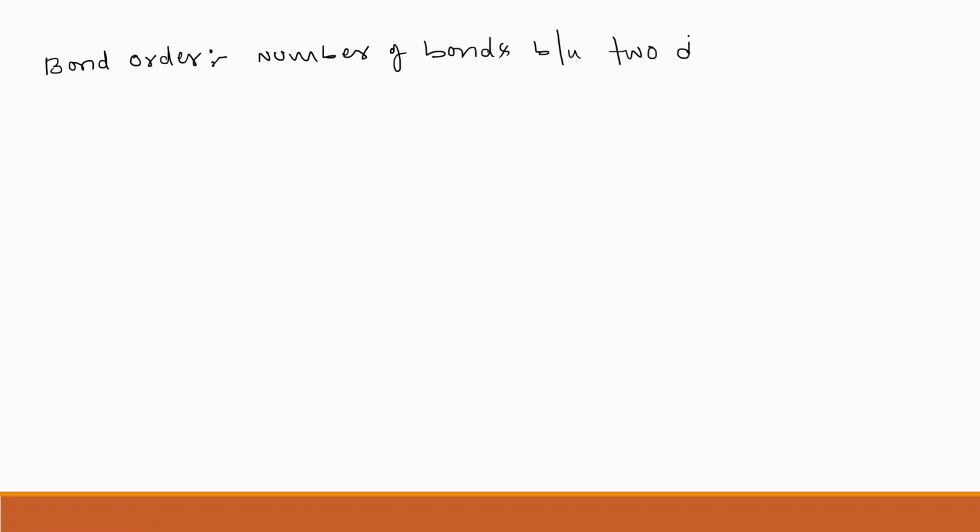So what is the bond order? How can we define it? It is the number of bonds between two desired atoms, that means between whichever atoms you want to know.